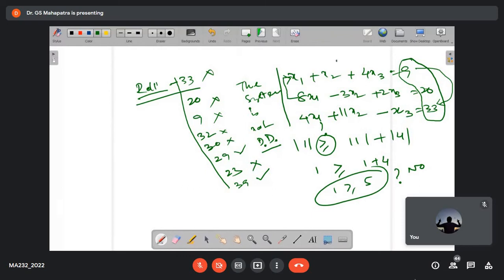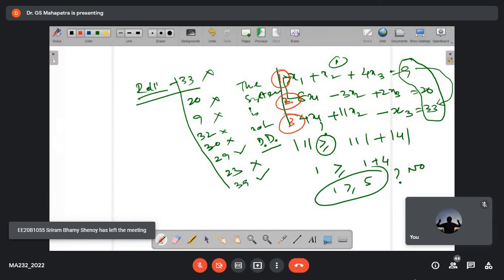So this is the first equation. Now this is the second equation. This is the third equation. If we rearrange the system, can we make it a diagonally dominant system?